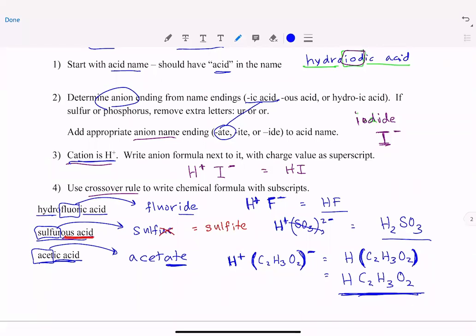So don't combine the hydrogens, and don't make it H4. Even though I got rid of the parentheses for this chemical formula, they're still there in spirit. It is a polyatomic ion where you're not allowed to change anything or take anything out or put anything into the parentheses, even if they're not there. Sound good?